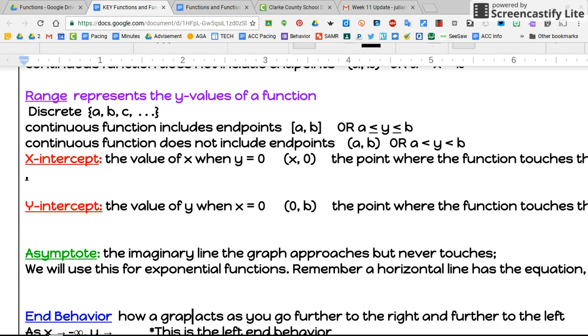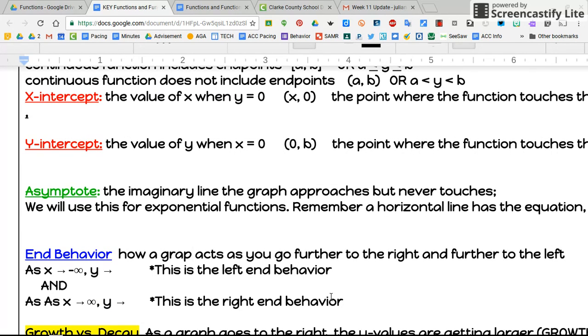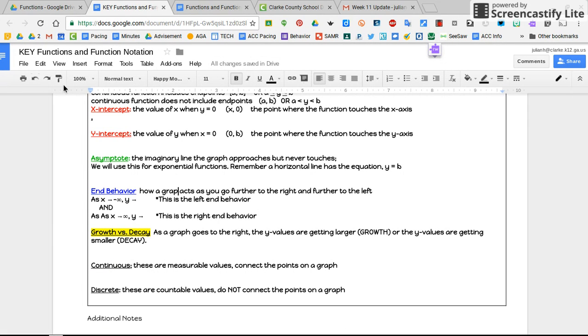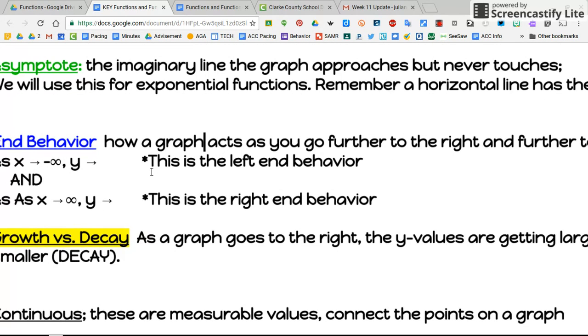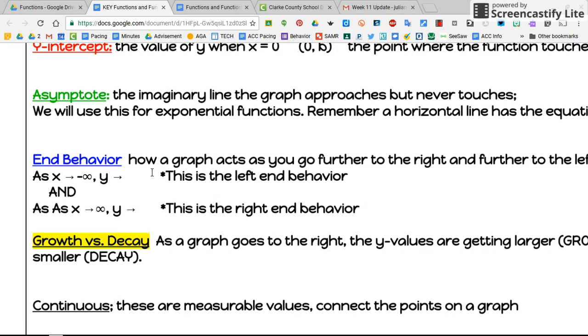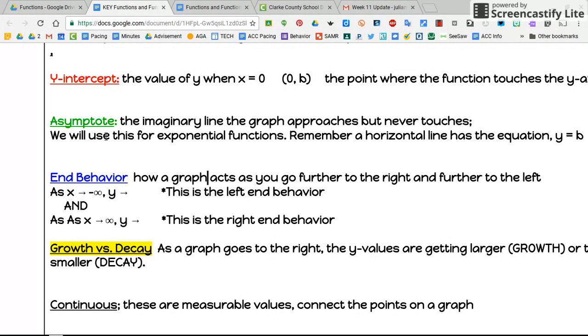End behavior is how a graph acts as you go further to the right or further to the left. Now, this is going to look confusing, but I promise if you stick with me, it'll be okay. So again, the end behavior is how a graph acts as you go further to the right or further to the left.